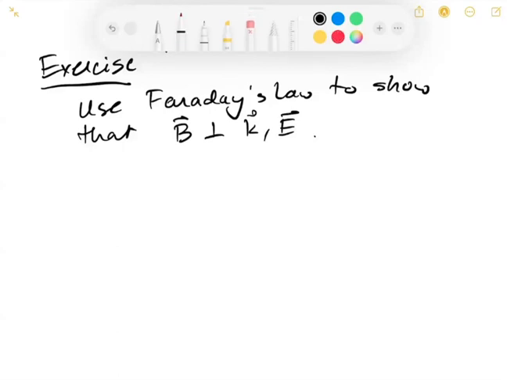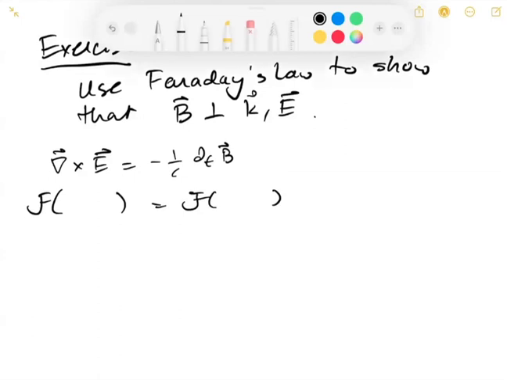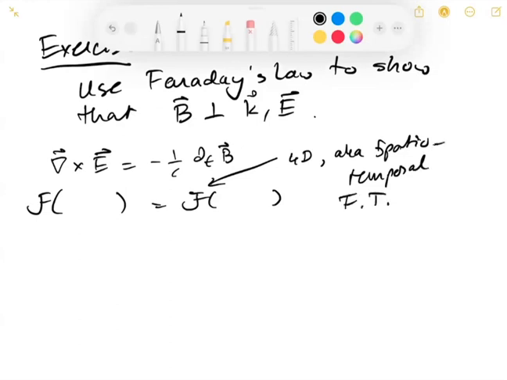Okay, so we start with Faraday's law. Faraday's law in differential form is curl of E equals minus 1 over c ∂t of B. Now we're going to take the Fourier transform of this thing, and then also the Fourier transform of this thing. And this is, again, the 4D, aka spatiotemporal, Fourier transform.